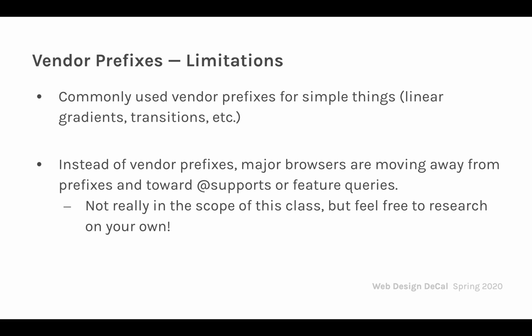Don't get too worried if you don't understand what that means. This is just another feature of CSS. It's another rule that lets you specify declarations that depend on a browser's support for one or more specific CSS features. It's not in the scope of this class, but you're totally free to research this on your own.